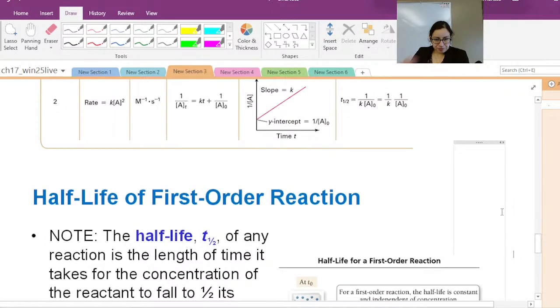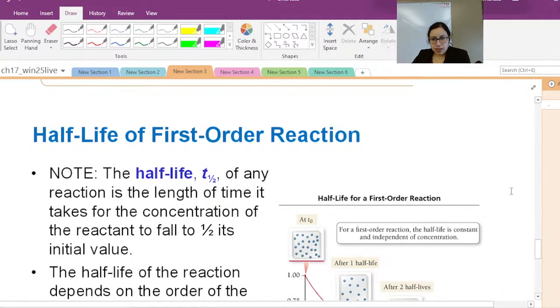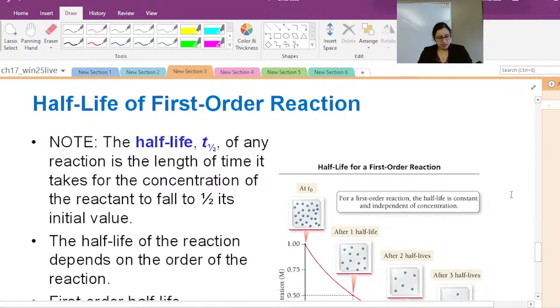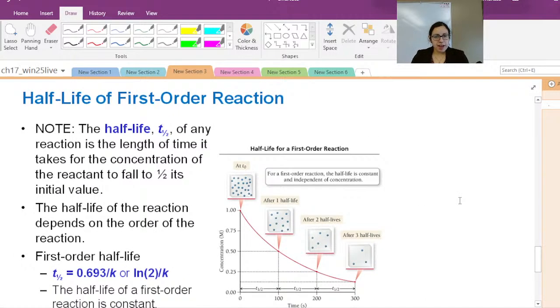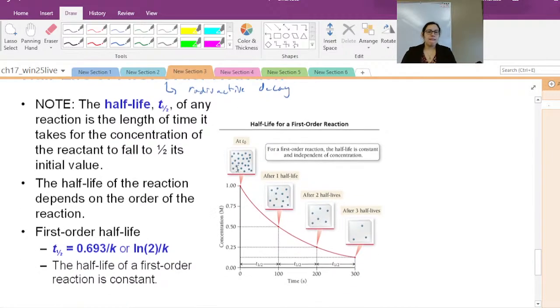Now, going back, this is fission. Now they're splitting apart, so a different idea. This is half-life, for when we talk about radioactive decay for the most part, such as with carbon-14.